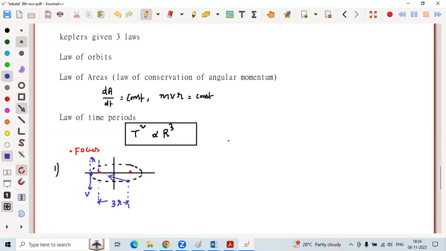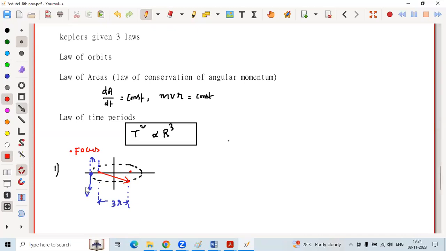Where is the sun? It is here. Let me represent it with red color. This distance is 3r. When the planet is at r, the velocity is v. When it is at 3r, what is the velocity? Come on, do it fast.